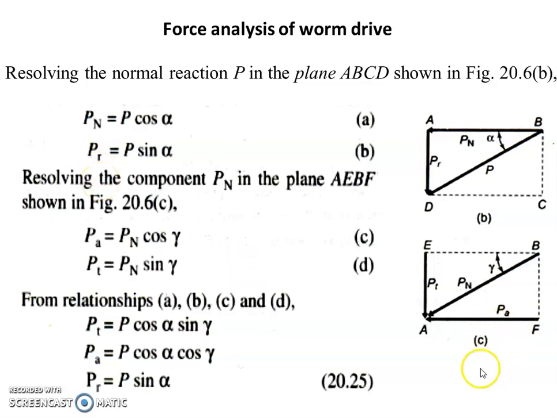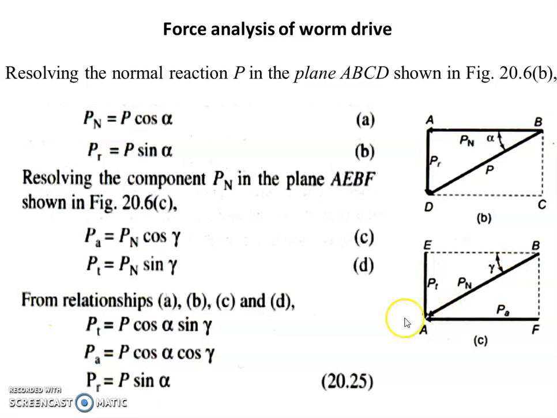Is it okay? With reference to this figure C, the axial component of force, which is shown here, AF is the axial component of force, and EA is the PT, the tangential component of force. So here if we refer to the relationship between the axial component of force and Pn, then PA and Pn, this particular angle is gamma, so here also this angle is gamma.